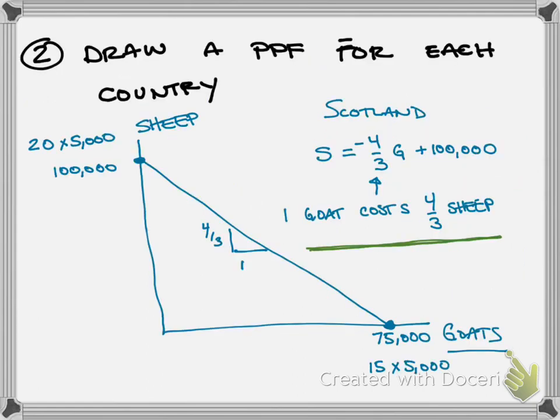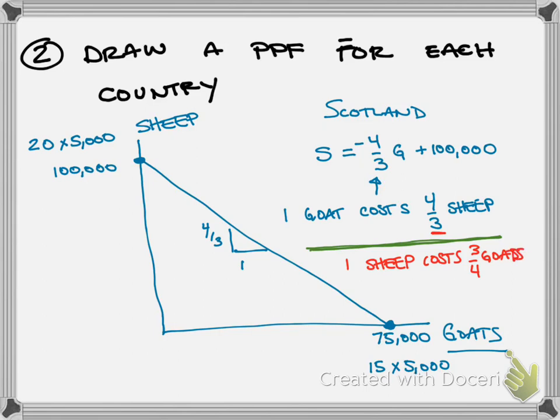But now for Scotland, we have one goat costs 4/3 sheep, so we'd say one sheep costs not 4/3, but that's where we invert this number right here. So it costs 3/4 goats.